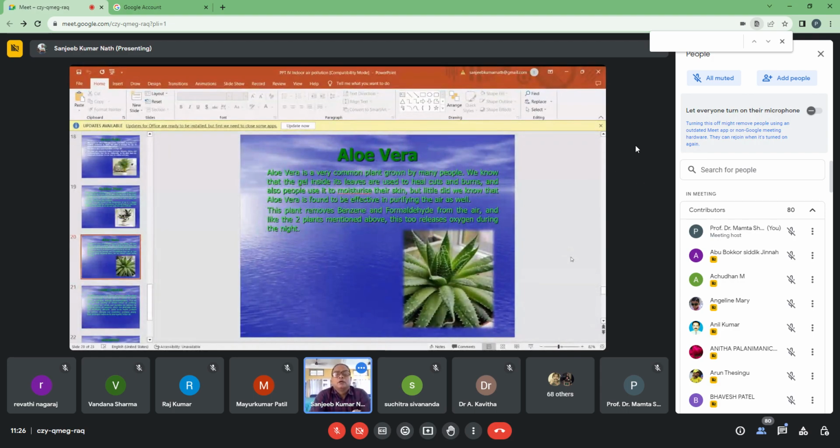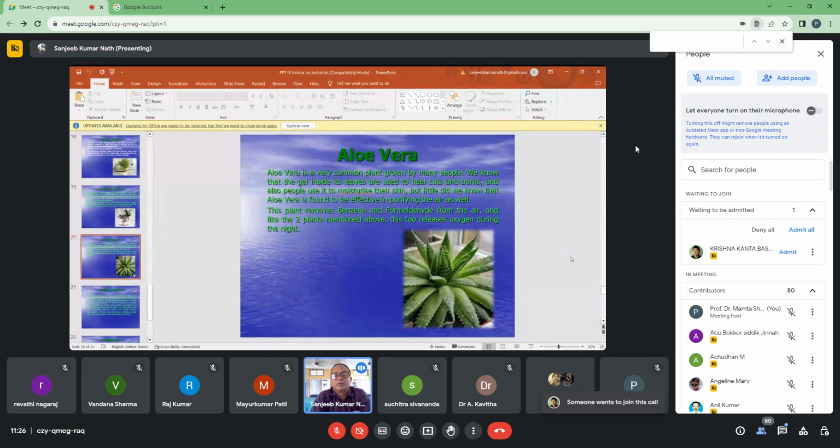And another very common one that we are accustomed to is the aloe vera. It's a very common plant grown by many people. We know that the gel inside its leaves is used to heal cuts and burns, and people also use it to moisturize their skin. But few people know about its effectiveness in purifying the air as well.